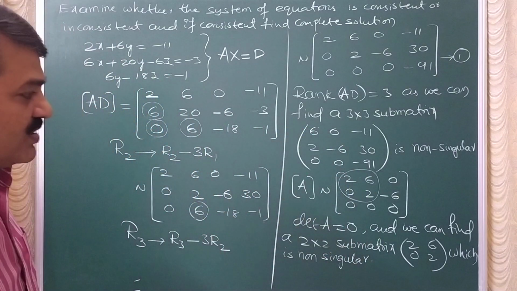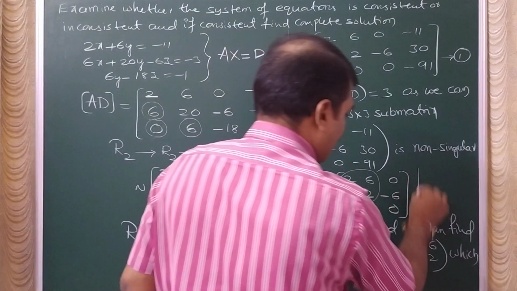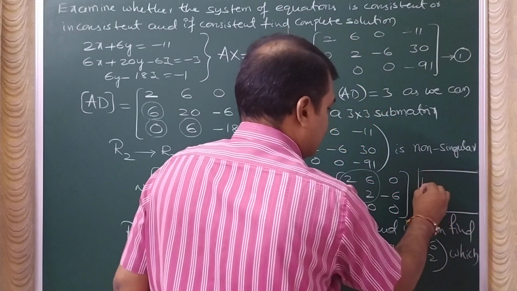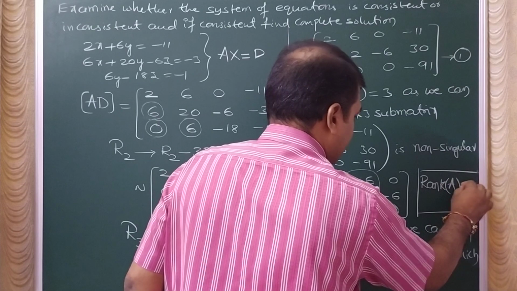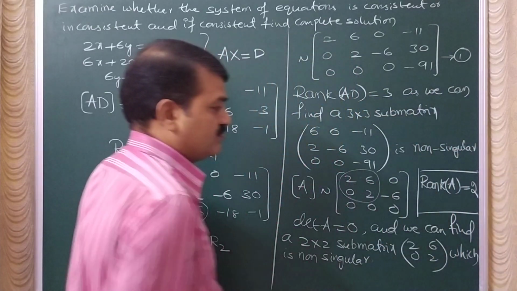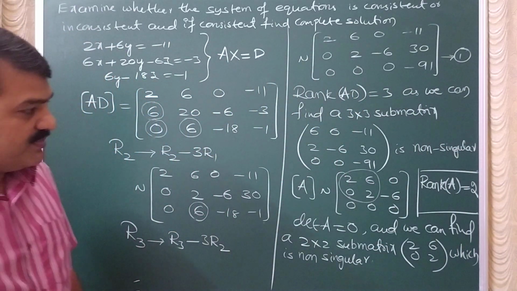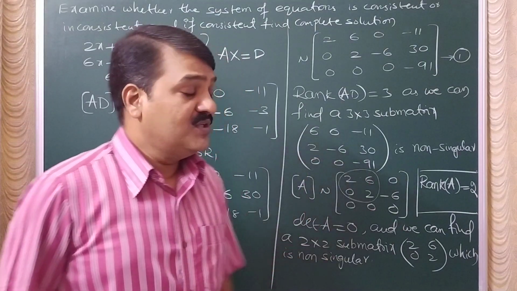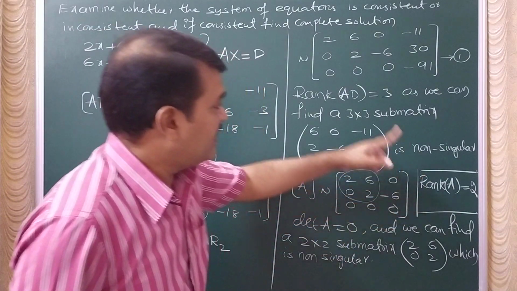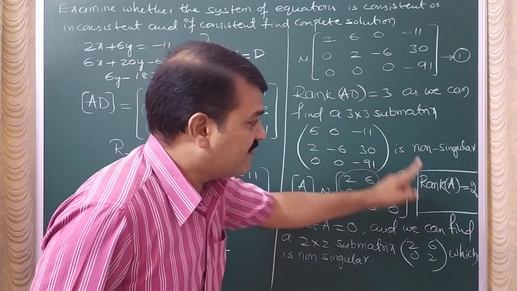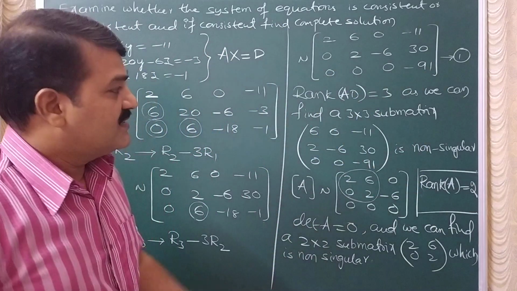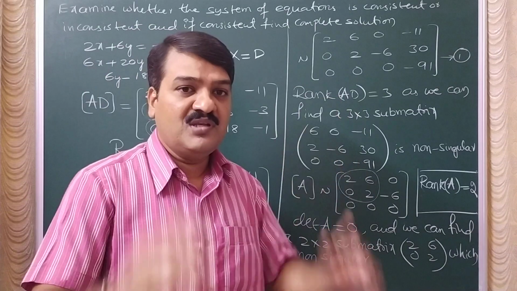Therefore, rank of A is going to be 2. Rank of A cannot be 3 because det A is 0. So rank of A is 2, rank of AD is 3. So rank of A is not equal to rank of AD. That means clearly the system has no solution.